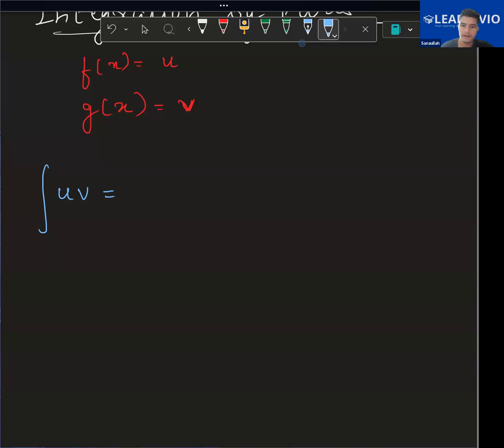So what you will do, you will take u outside, then integration of v minus integration of derivative of first function, that is u, फिर again integration v, then that's it. ठीक है. ये चीज होता है. u and v are functions of x.